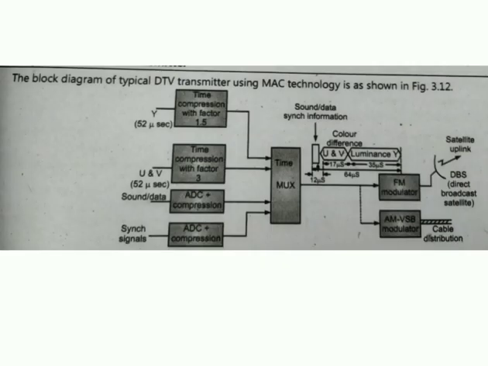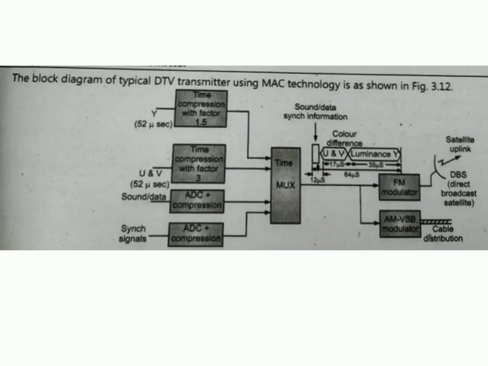These multiplex analog component, that is MAC, signals are FM modulated for the satellite uplink for typical DBS, that is direct broadcast satellite, broadcasting. Also, these MAC multiplex signals are AM VSB modulated for the cable broadcasters.